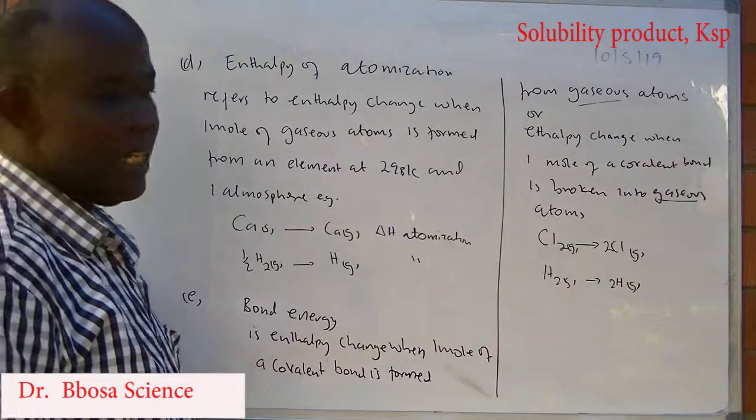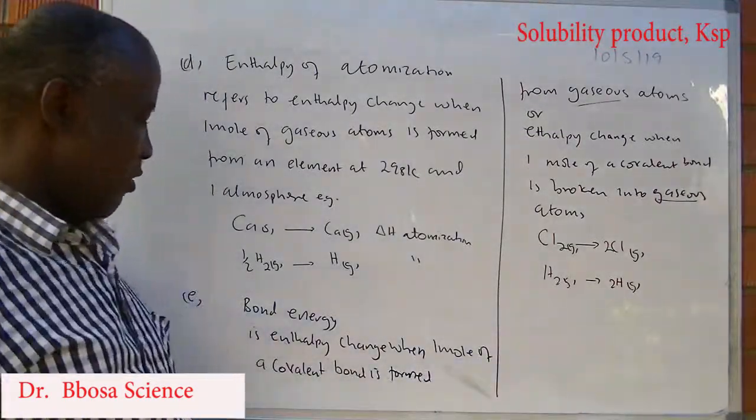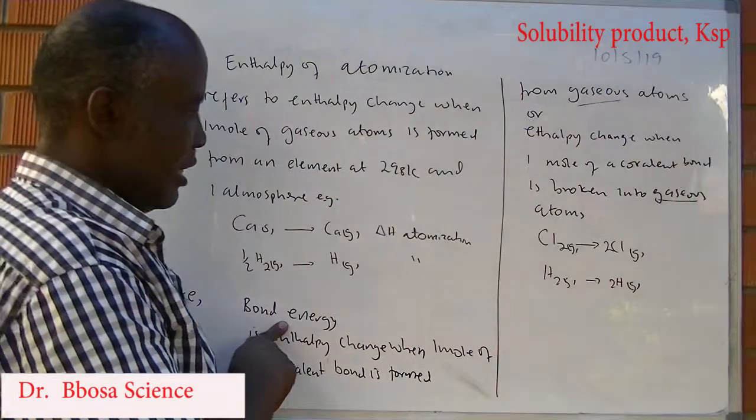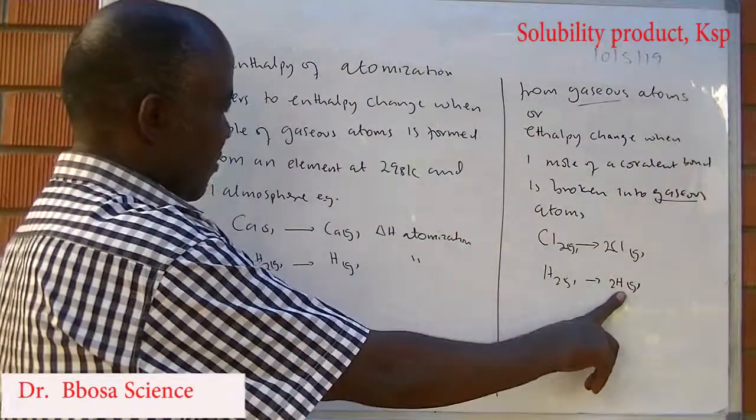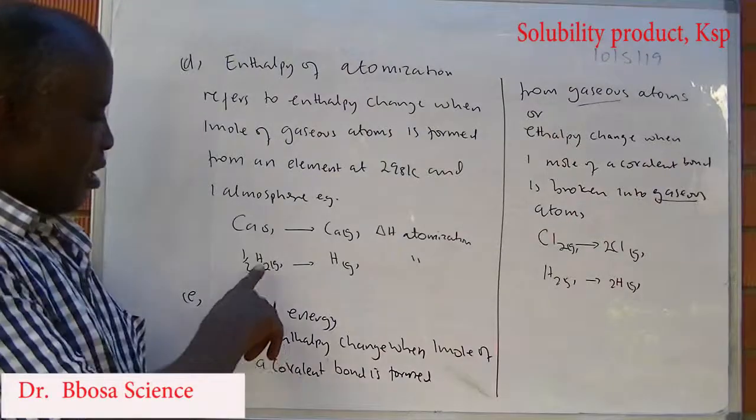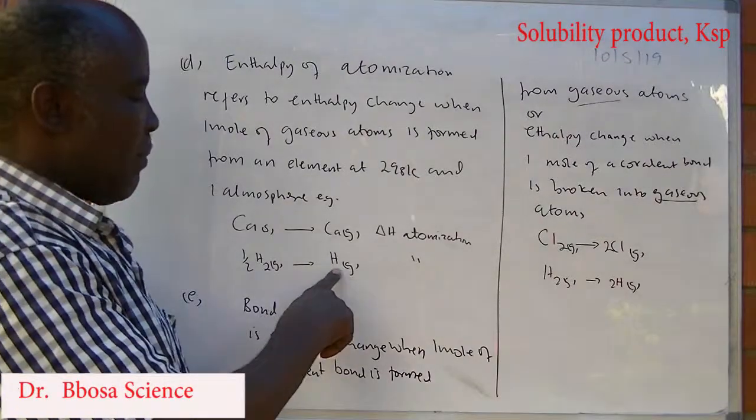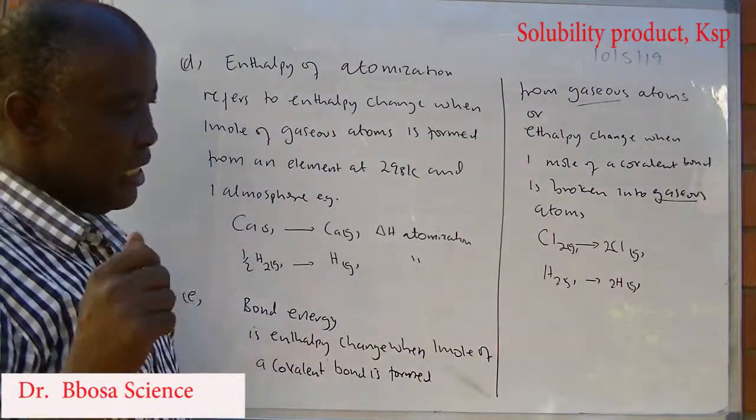What I want you to be careful about here is that when you talk about bond energy, you get 2 moles of atoms. When they talk about atomization energy, you talk about 1 mole of gaseous atoms.